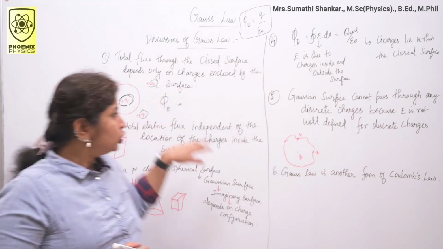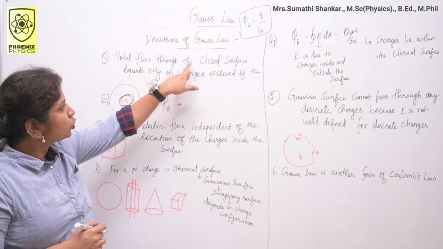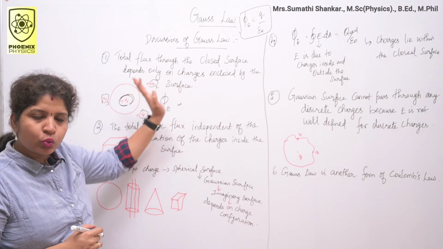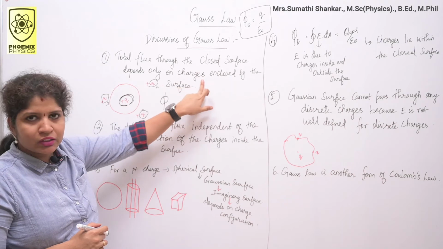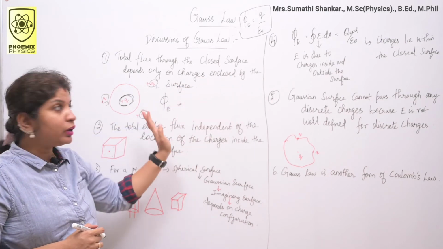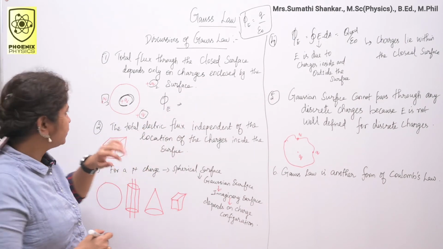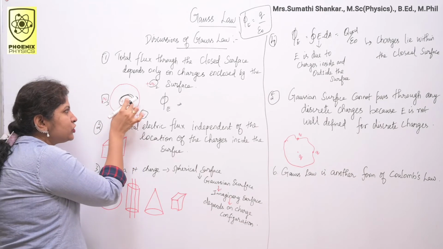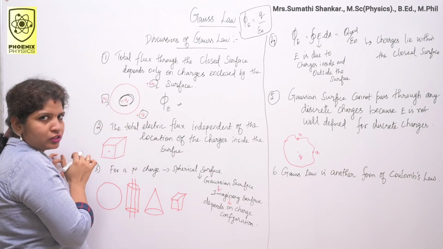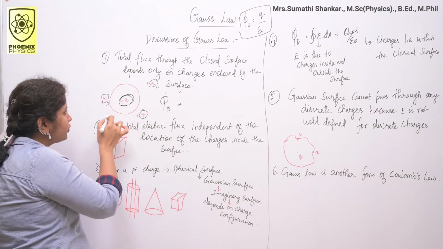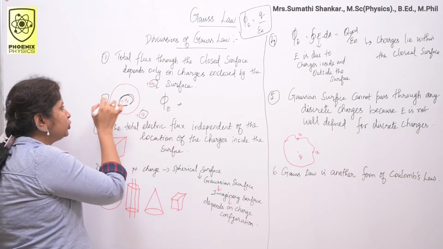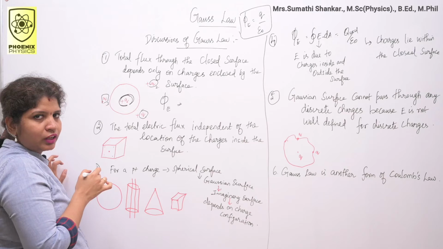First point, the total electric flux through the closed surface depends only on the charges enclosed by the surface. Here inside the surface I have plus Q charge. Outside the surface I have Q1, Q2, Q3 charges.